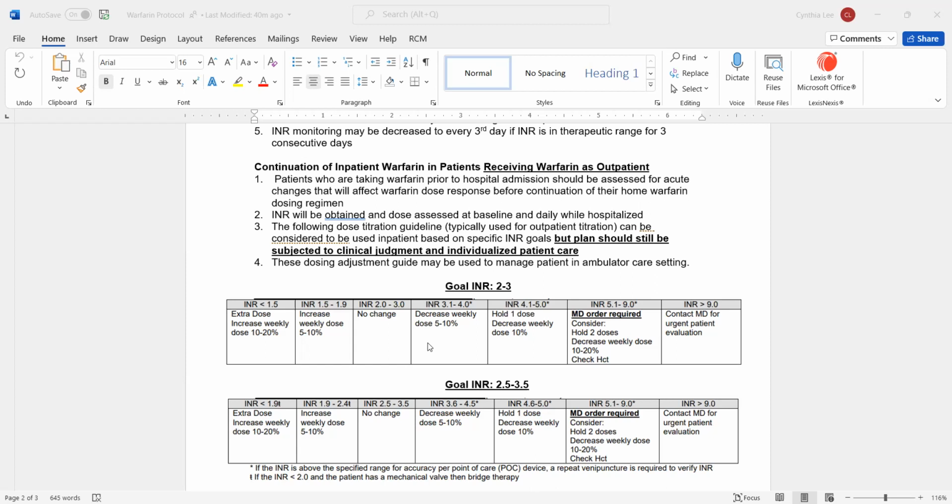You instruct patients, okay, take 5 milligrams daily for 6 days of the week, maybe Monday to Saturday, and then on Sunday you take only half a tablet of the 5 milligrams, so 2.5 milligrams, and that gives you about 32.5 milligrams of total weekly dose.